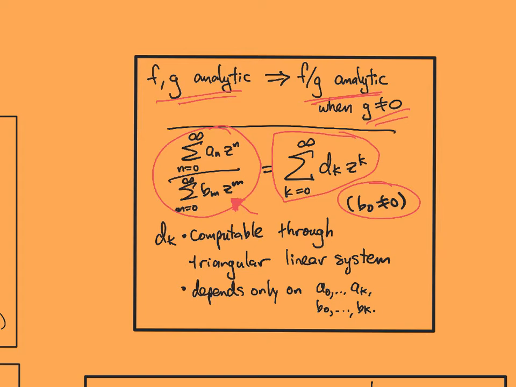And since I know I'll get an analytic function, it makes it easier to solve for the coefficients. So these coefficients, d_k, are computable through a triangular linear system. You basically solve for them by writing f over g equals h, and then you solve for h by doing the multiplication, f equals gh. And you get that the kth coefficient will only depend on the 0 through k coefficients of f and g.